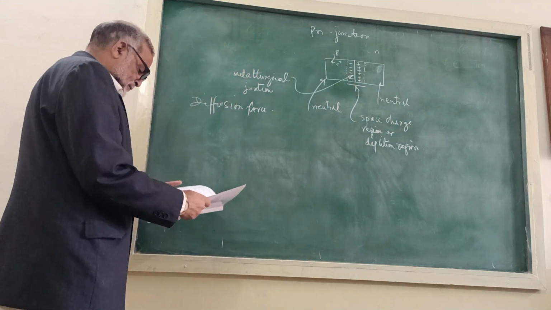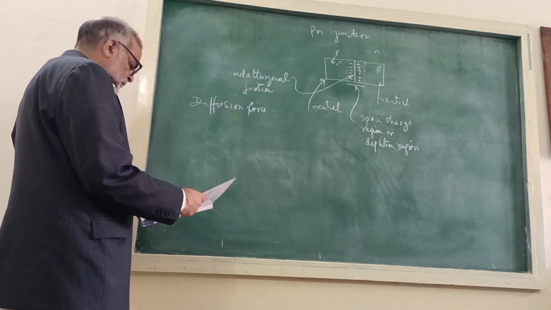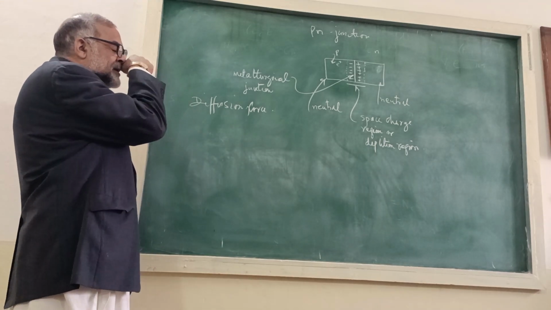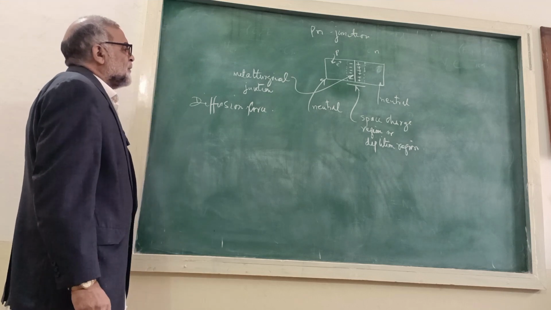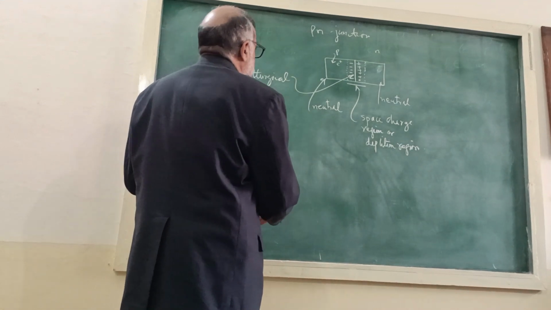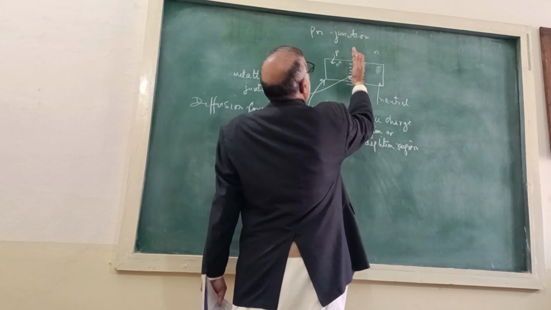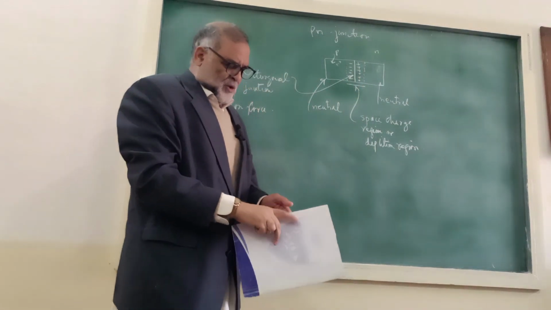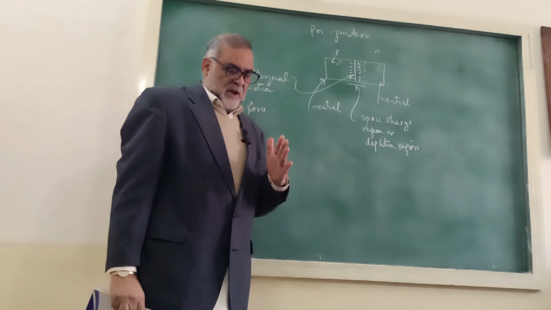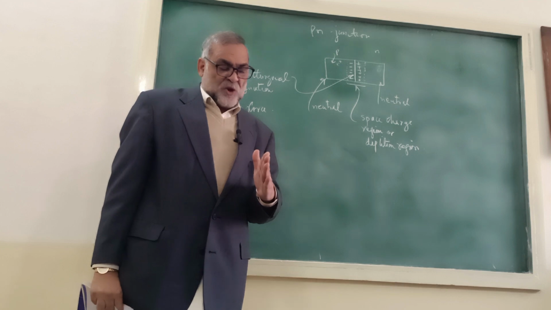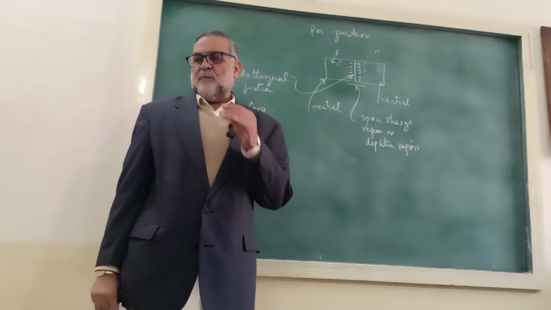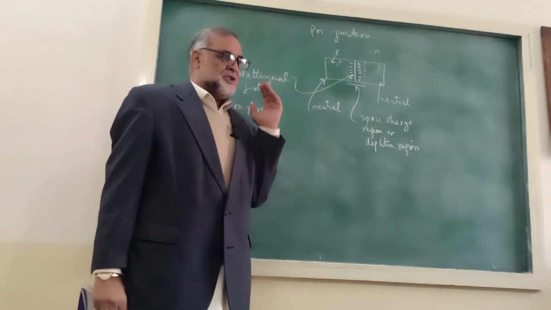So these are some structural characteristics of a PN junction. And when the doping of one type of impurities is immediately stopped and another starts, this type of junction is also called a step junction.